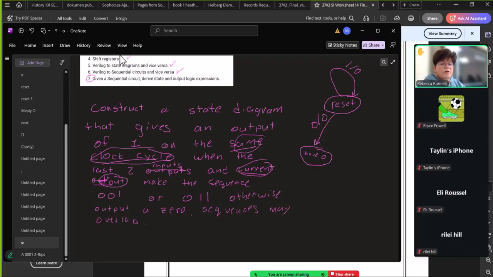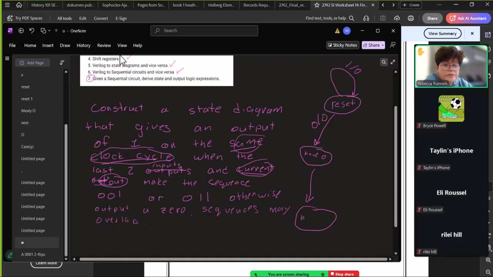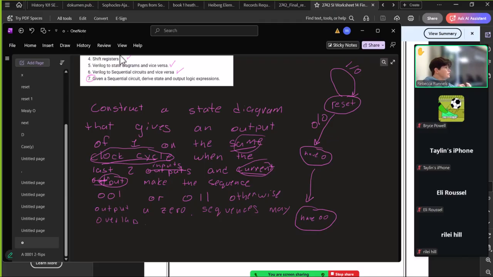From having a single zero, if we get another zero, is that heading us further towards getting an output? Yep, that's a new state. I have a quick question. Yep. If it doesn't help you go towards another location, you just go back to itself. No, you go to whichever is the furthest along that you would have gone to.